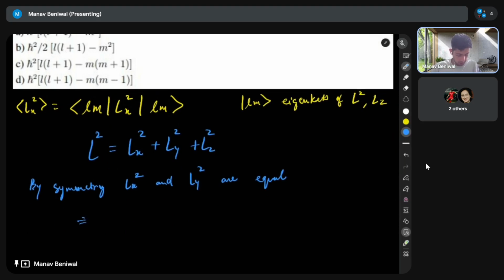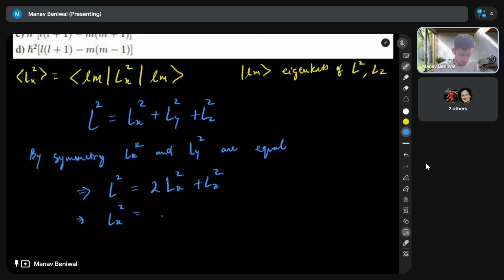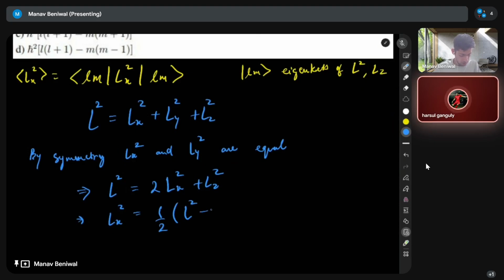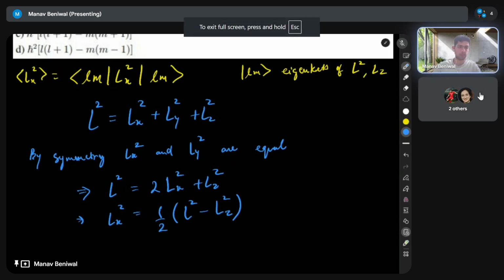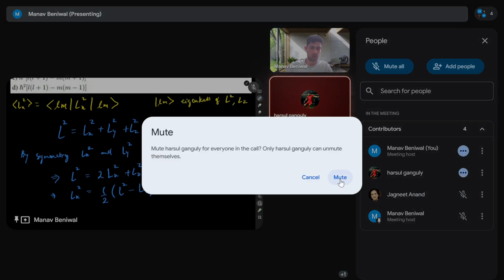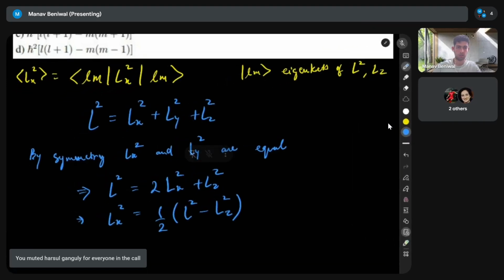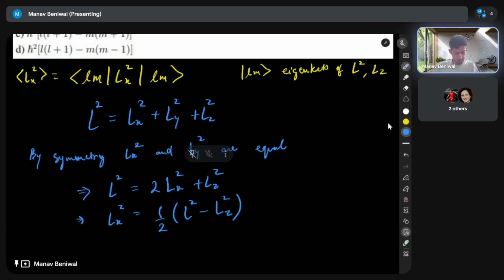So this implies L square is equal to 2 times Lx squared plus Lz squared, or Lx squared is nothing but half L squared minus Lz squared. So this is our Lx square.